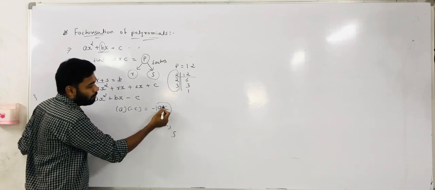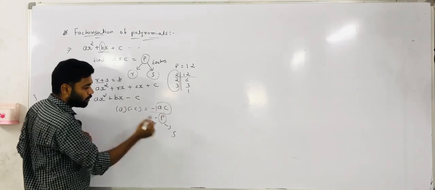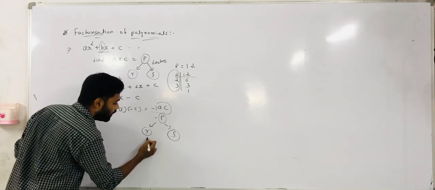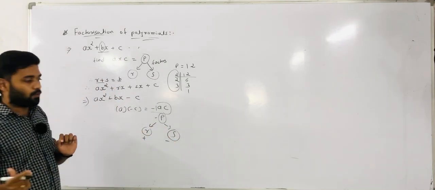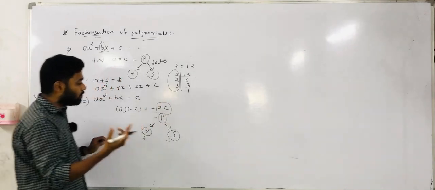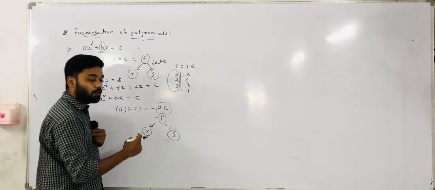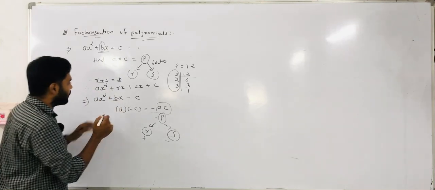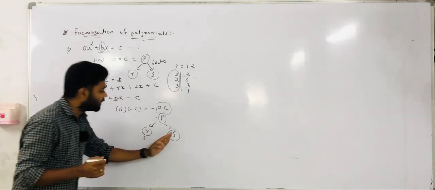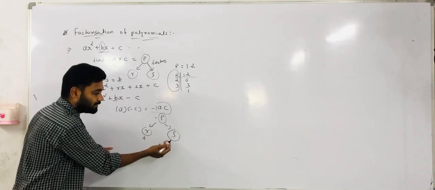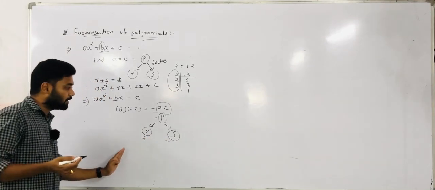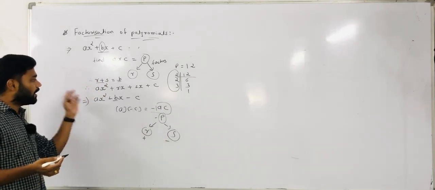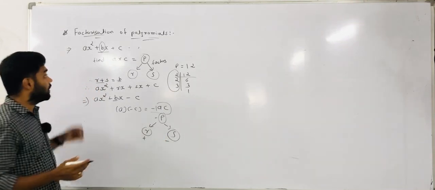But your multiplication is negative, so from r and s, one value is positive and one value is negative. Which value is positive and which is negative, you have to find based on the value of b. Suppose b is plus, so the larger of r and s you have to take plus, and the smaller value you have to take minus. So this way you can split the middle term.